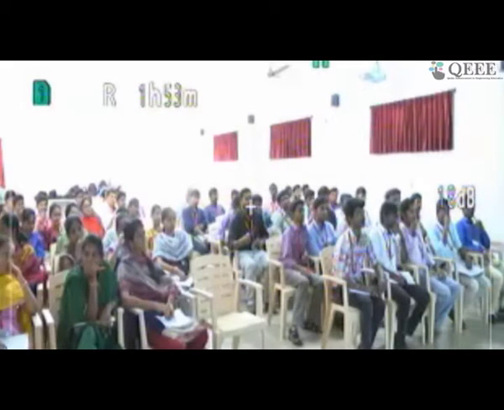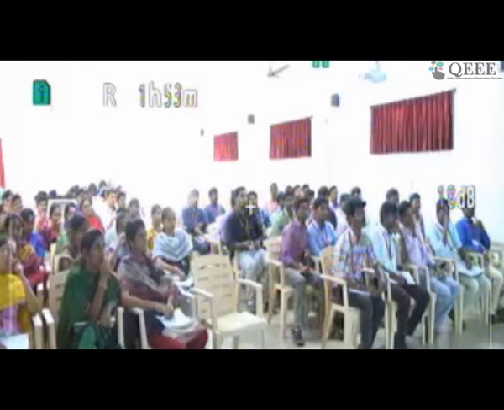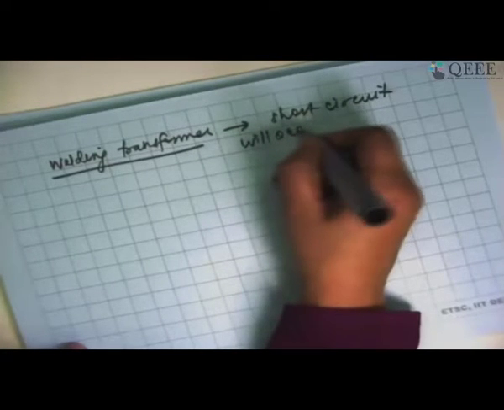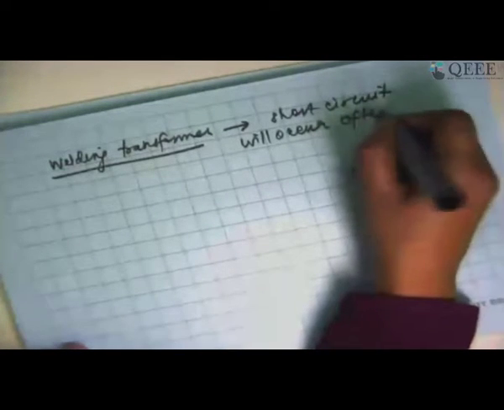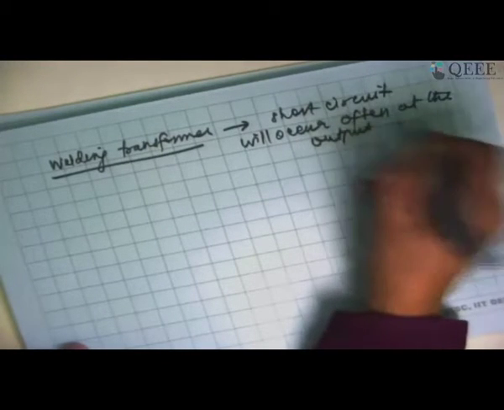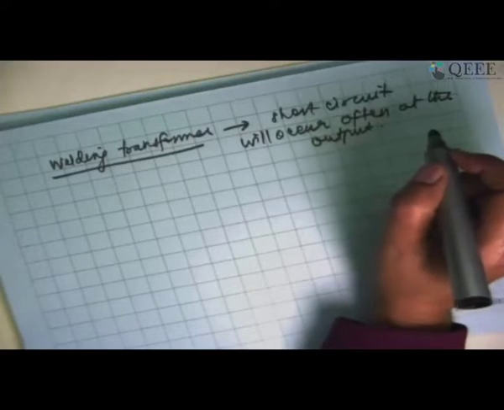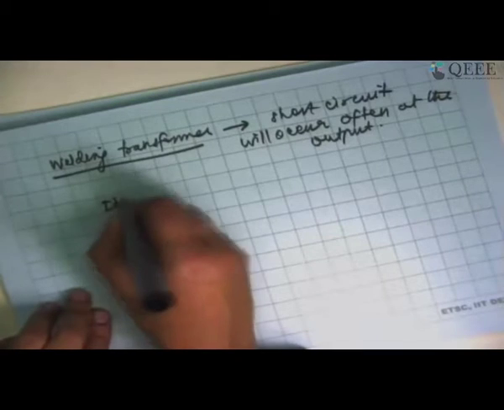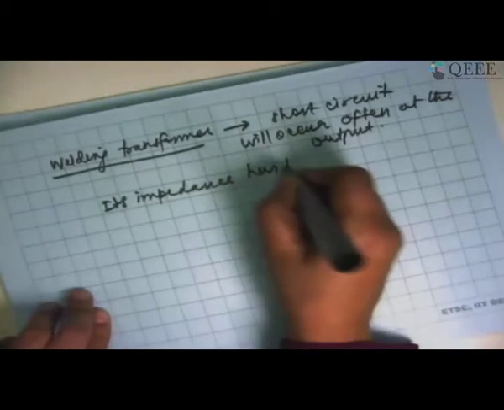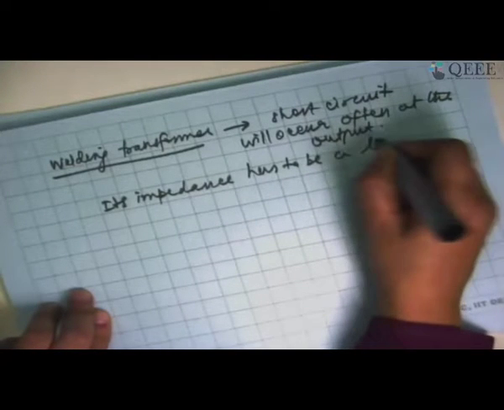So welding transformer will expect short circuit quite often at the output. Short circuit occurs in a welding transformer quite often, because of which its impedance has to be a little larger.